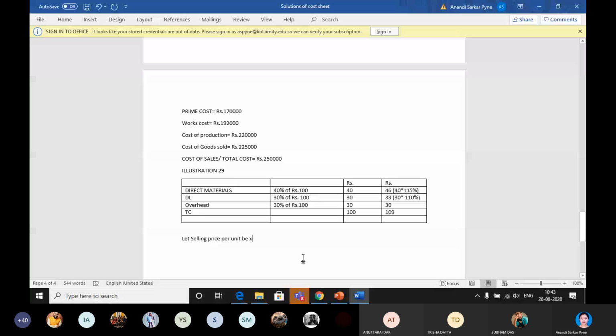Therefore, selling price minus cost price is profit. So selling price is X minus cost price, that is 100. That is selling price.